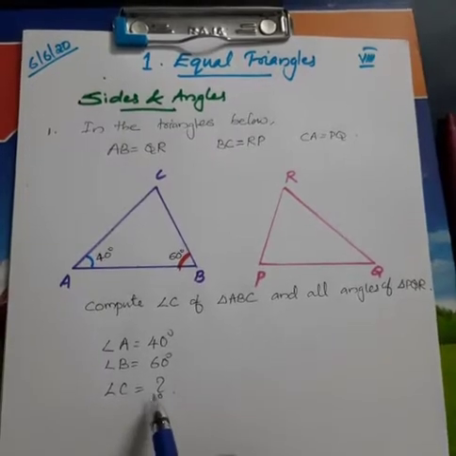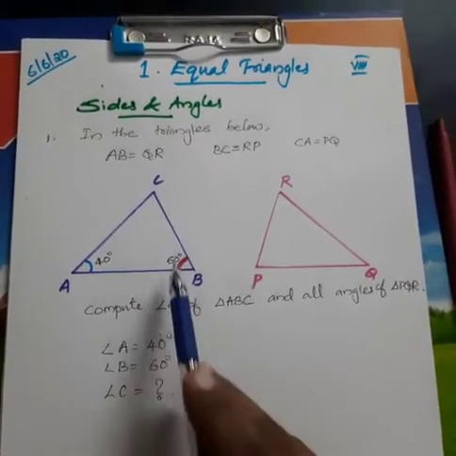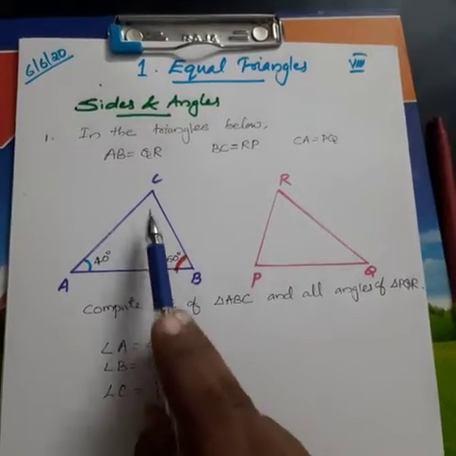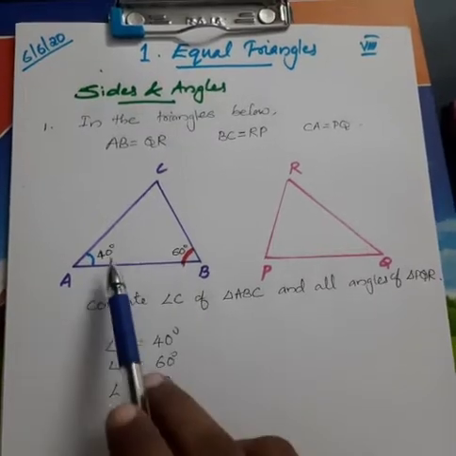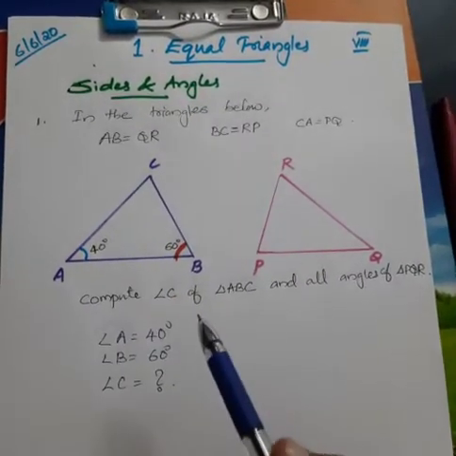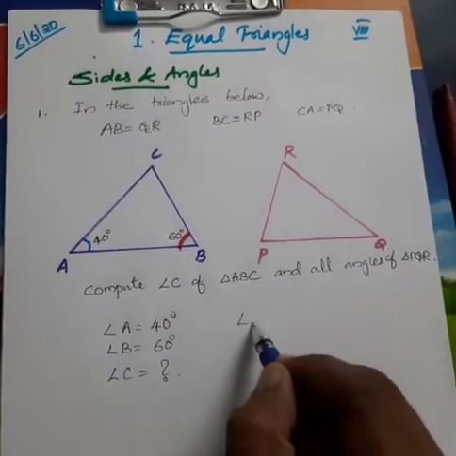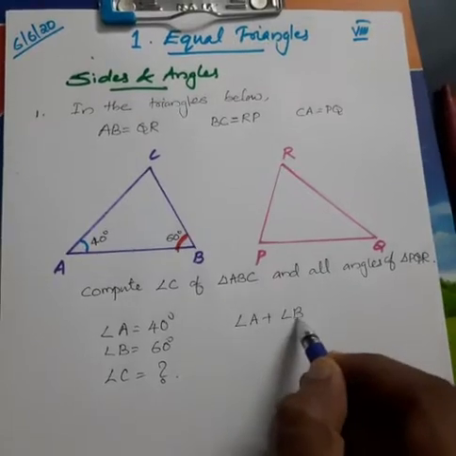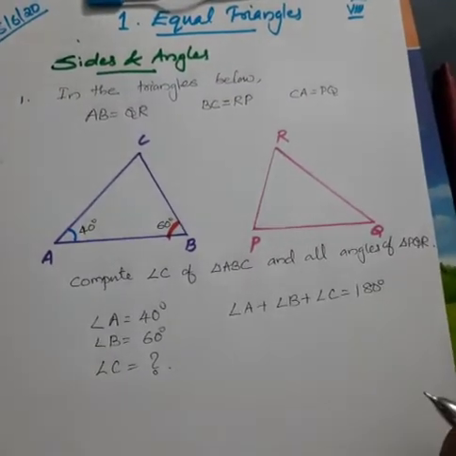How will you find angle C? You know, in a triangle, the sum of all three angles is how much? It is 180. So you can write angle A plus angle B plus angle C is equal to 180 degrees.